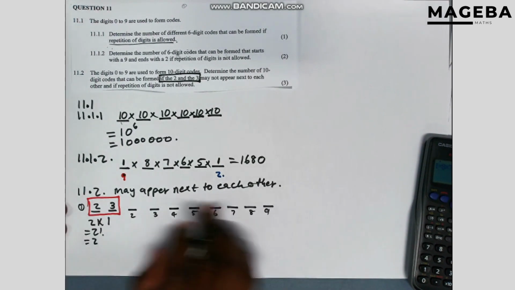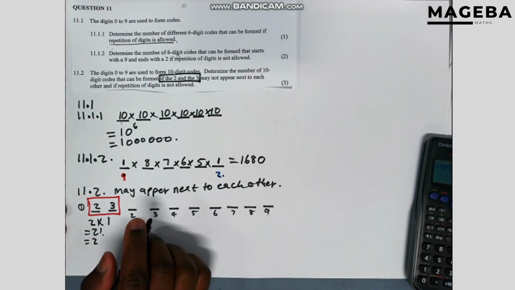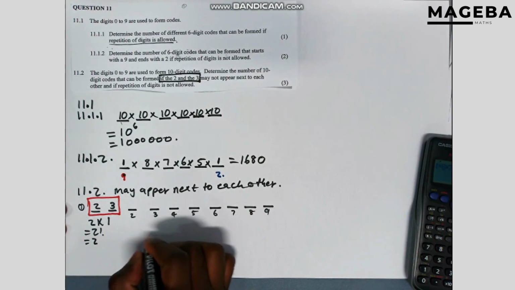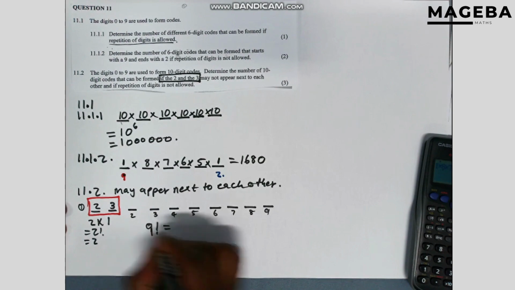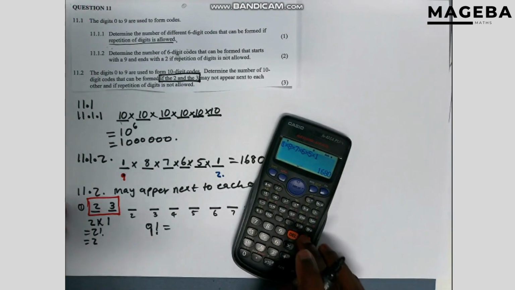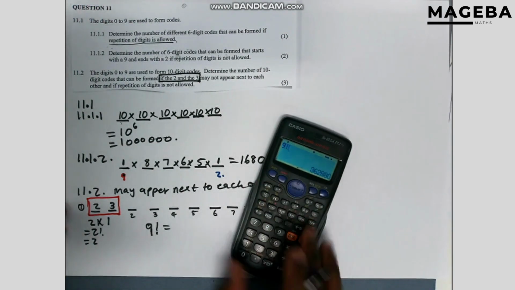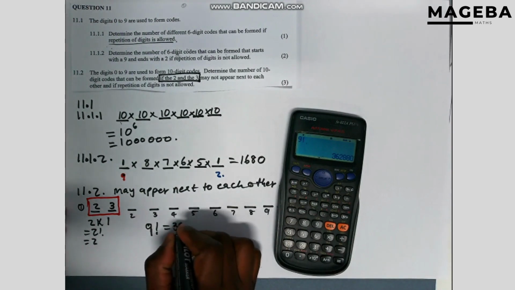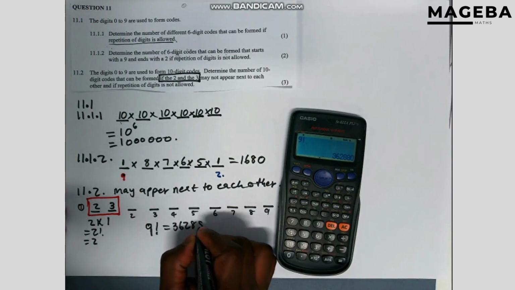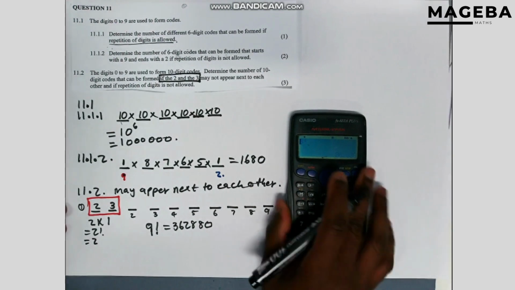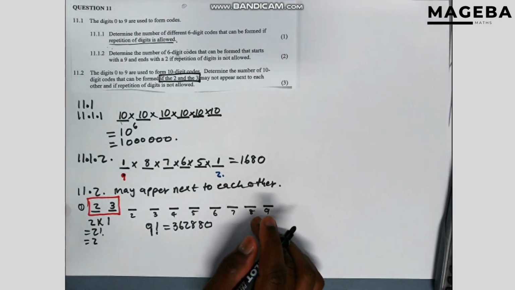We found 9, so we're going to have 9 factorial. What is 9 factorial? 9 factorial is 362,880.